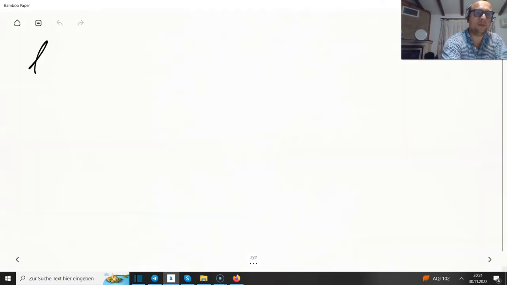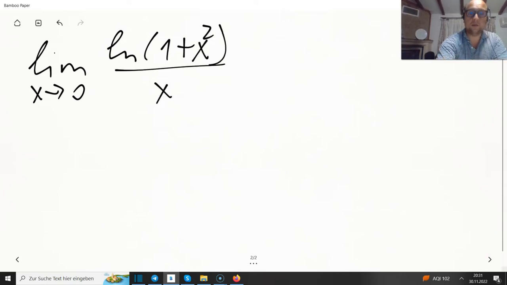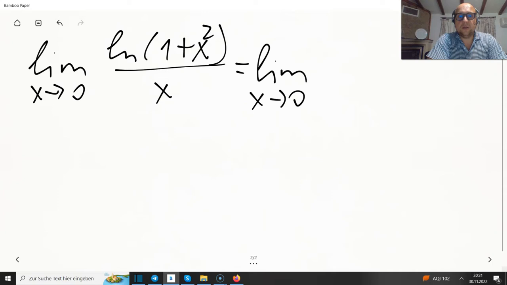So we have the limit x towards 0 of ln of 1 plus x squared divided by x. It's clear what to do here. In both cases x is running towards 0, and we have a tendency to 0 in the numerator and in the denominator as well.